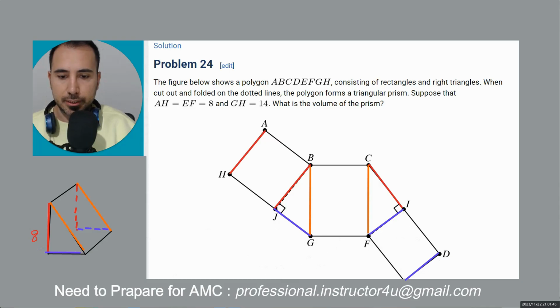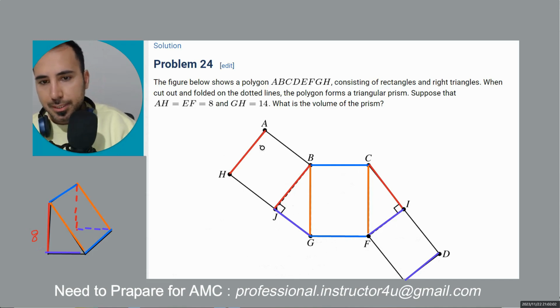Now let's focus on these instead. Look, now this is a rectangle, orange and blue. It would be this rectangle over here, right? This is a rectangle, orange, blue. That's very good. So you would see that, look, these are the same lines.